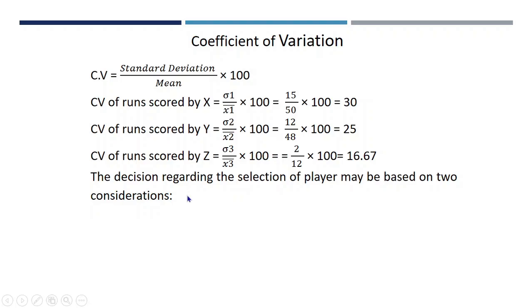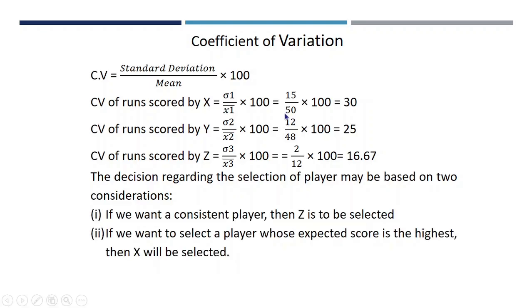One is the player should be consistent, and the other is the average runs scored by the batsman must be high. Here the average runs scored by the players are 50, 48 and 12, and the highest is scored by x. So if we want to select a player whose score is the highest, we will select x, and if we want a consistent player, we will select z.